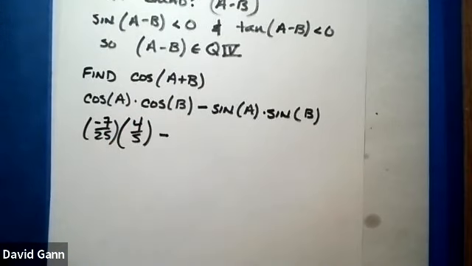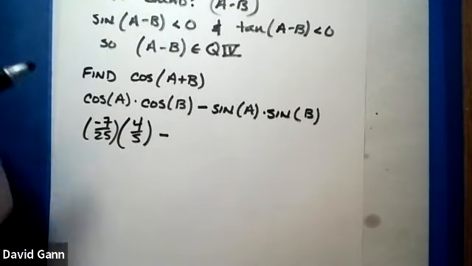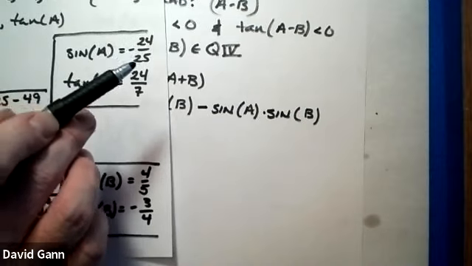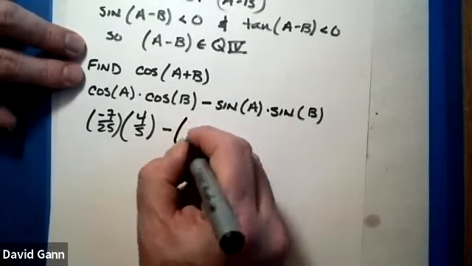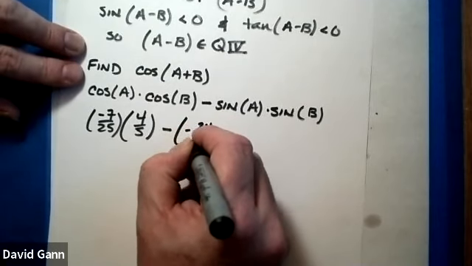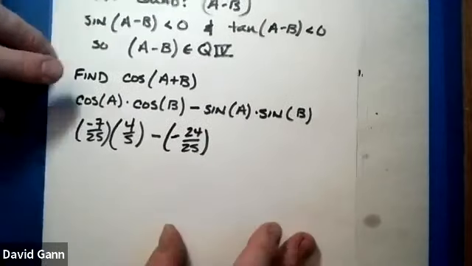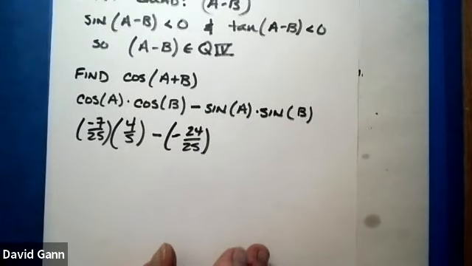Then minus sine of A, we found is minus 24 over 25. Notice I'm being really careful with these parentheses because you have all these negative of negatives popping up everywhere, and it pays to be very meticulous.